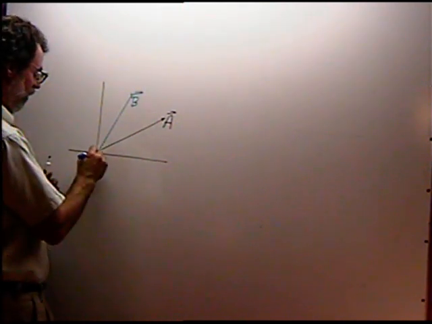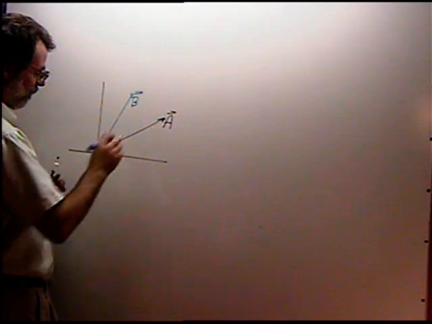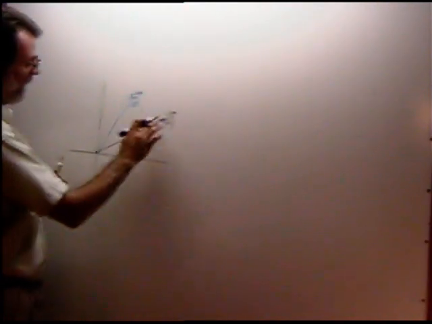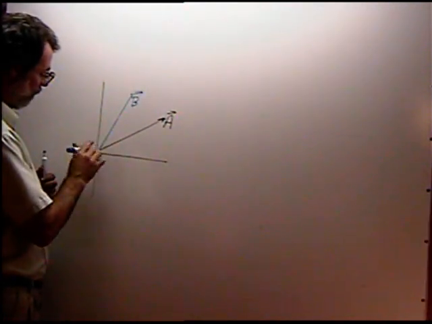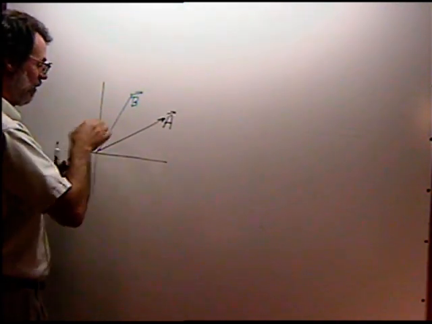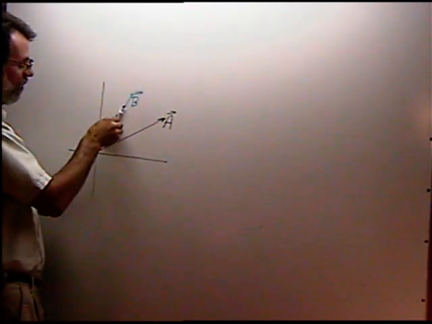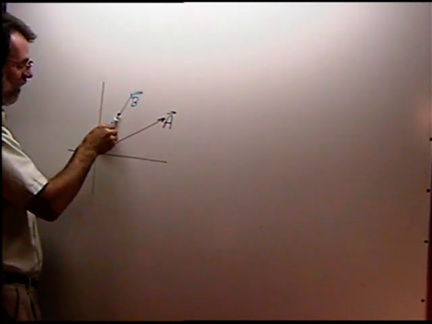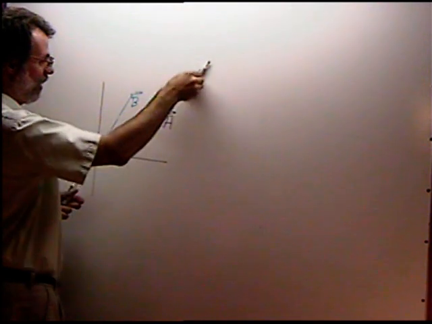If this is the head of the vector and that's the tail of the vector, I slide one tail up to the head of the other. So I'm going to take this B vector and slide it up without changing the angle, and put it right on here.